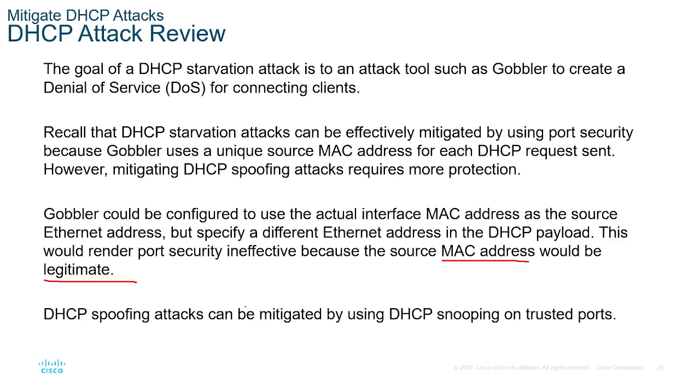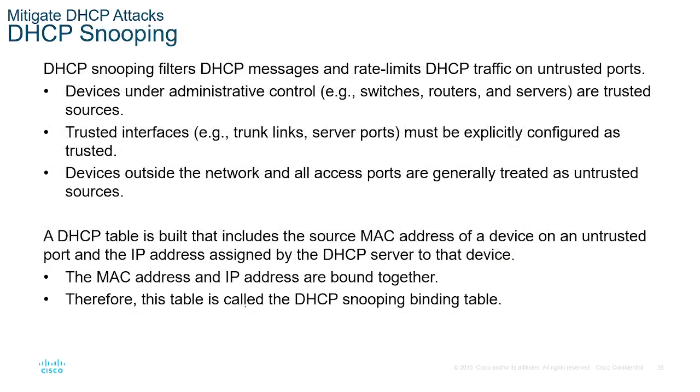So DHCP spoofing attacks can be mitigated by DHCP snooping on trusted ports. So what is DHCP snooping? It filters DHCP messages and rate limits DHCP traffic on untrusted ports. So it divides under administrative control. It could be applied sa mga switches, routers, at saka mga servers. And then trusted interfaces, yung mga trunk links at yung mga server ports natin, must be explicitly configured as trusted.